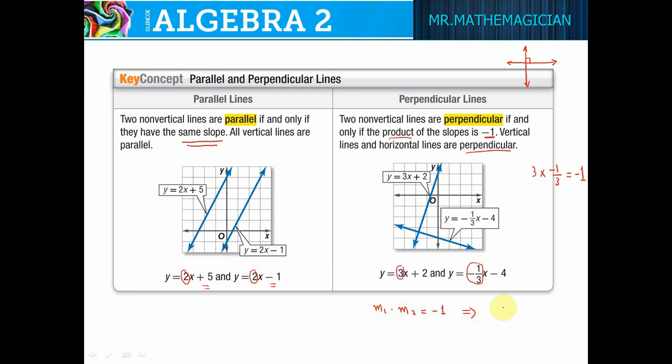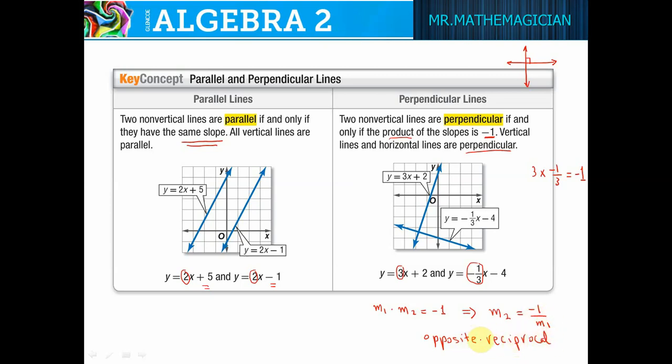it means that the slope m2 is negative 1 over m1. Negative 1 over m1 means opposite reciprocal. Opposite means different sign. Reciprocal means upside down.